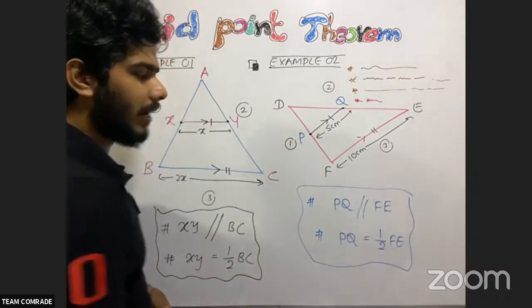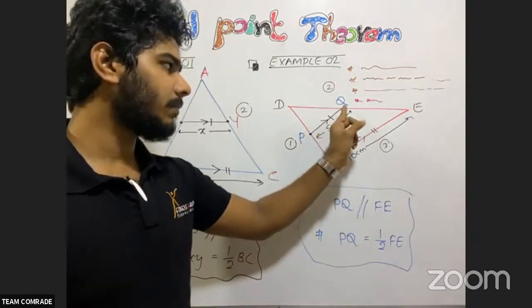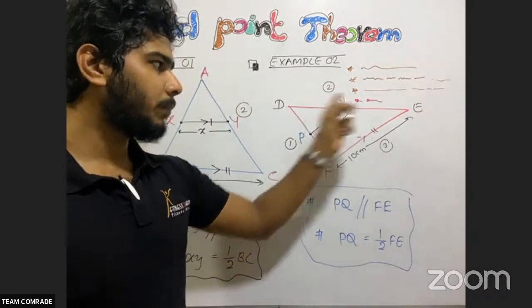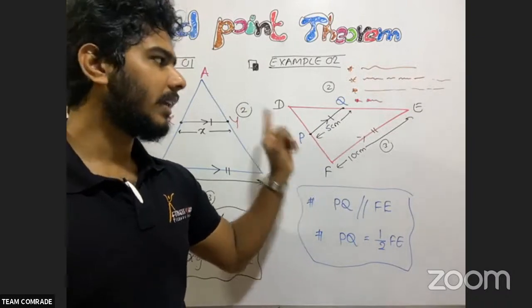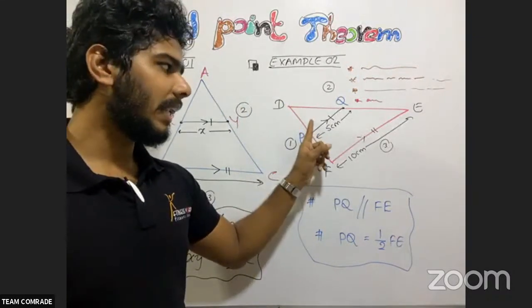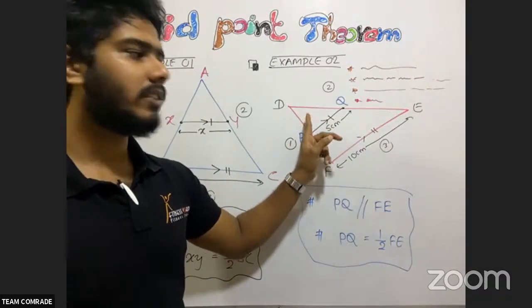Inside the brackets you can write the midpoint theorem entirely: the straight line segment joining two midpoints of a triangle is parallel to the third side of the triangle, and it is half the value of the third side.